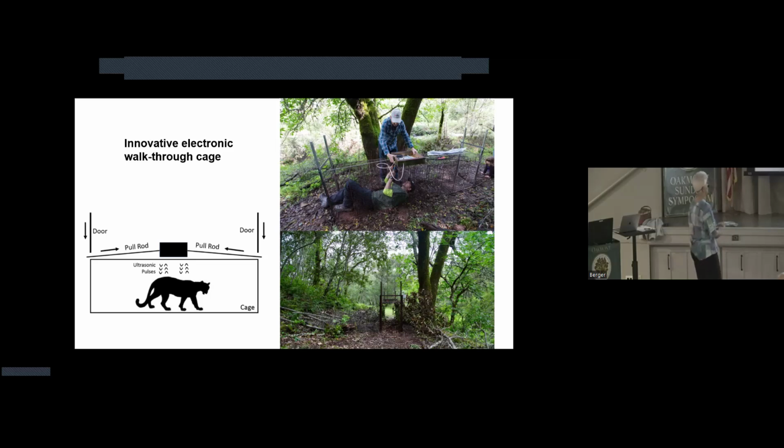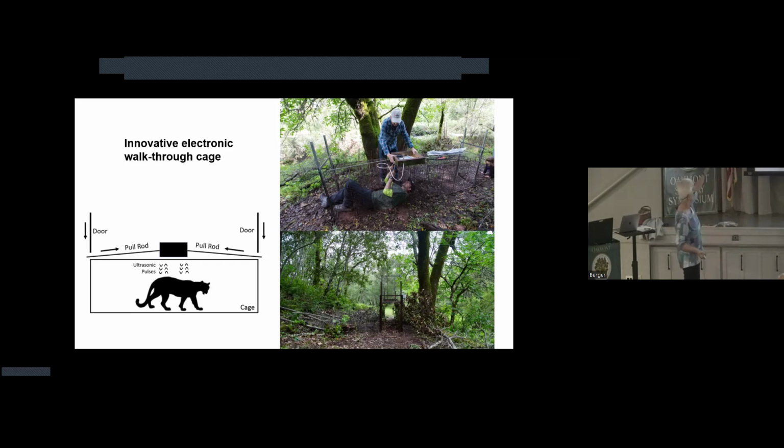When it does go through it, there is a treadle or something, the floor has a pressure apparatus on it, so that when the mountain lion steps on it, it measures the weight of the mountain lion. And so it will not close if it's a fox or a rabbit or a raccoon or something like that. And there could be plenty of those walking along this trail too.